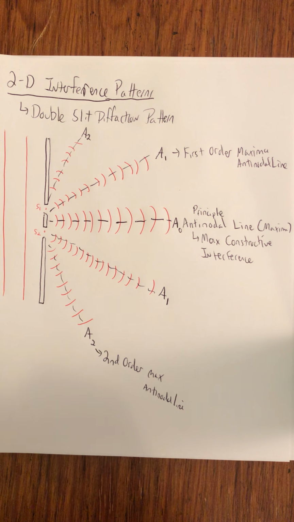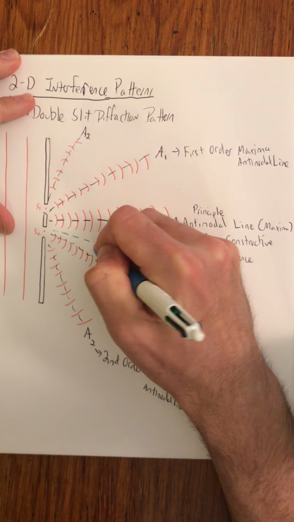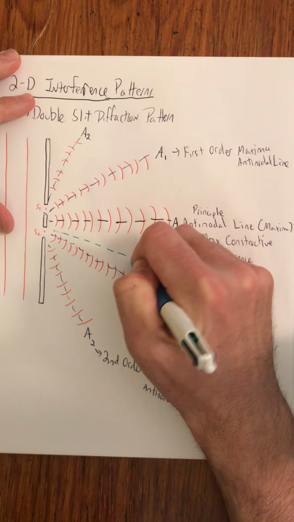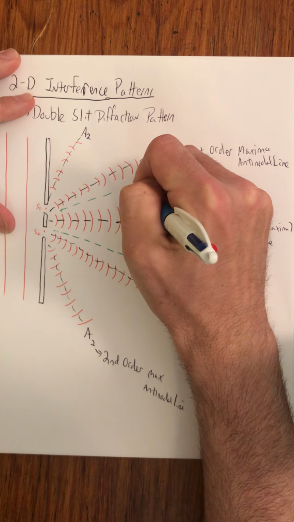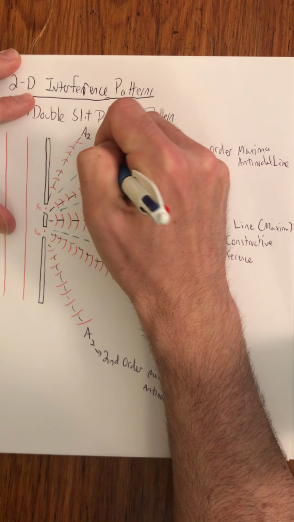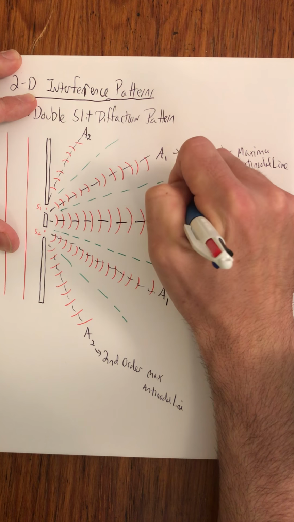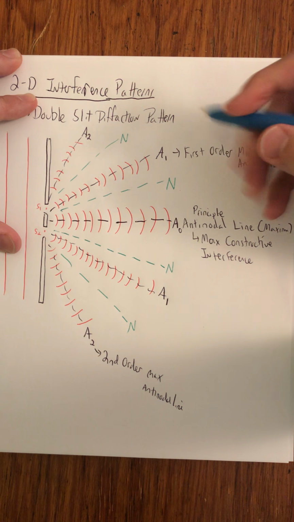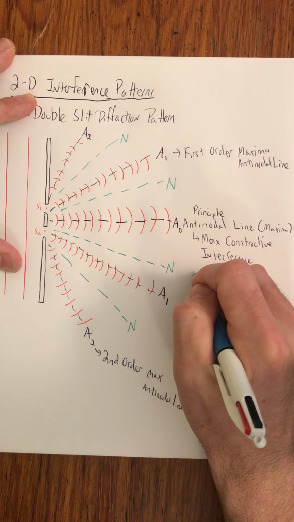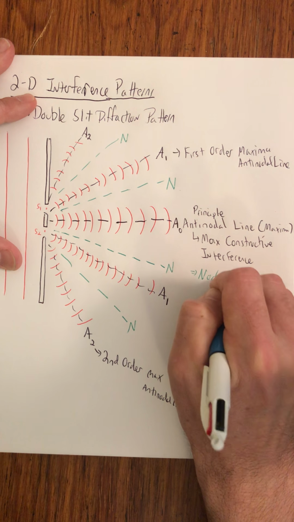So now let's label the next thing. Here we go. Directly in between the antinodal lines, I'm getting here are nodal lines. Boom, and I'm doing those in green. So N, N, N, N, right? So I'll write the notes for what N is here. This is called a nodal line.